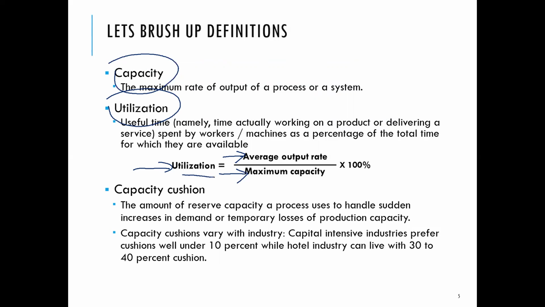So I've said this many times before, utilization is actually how much of the capacity you are actually utilizing. So it's a ratio of the average output rate divided by maximum capacity.